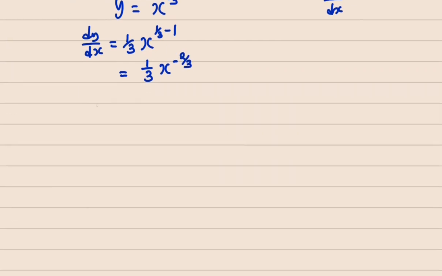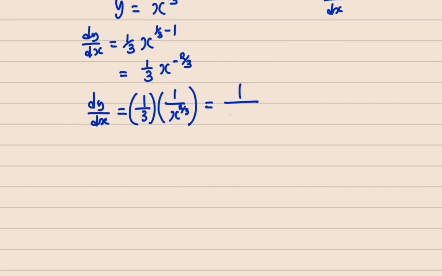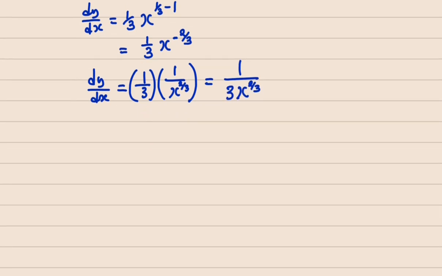All right. Rearranging it, we are going to have dy by dx will be 1 all over 3, then we are going to have 1 over x raised to power 2 by 3, which will be 1 all over 3 x^(2/3).